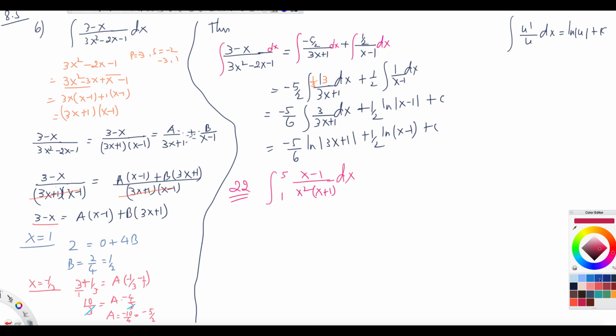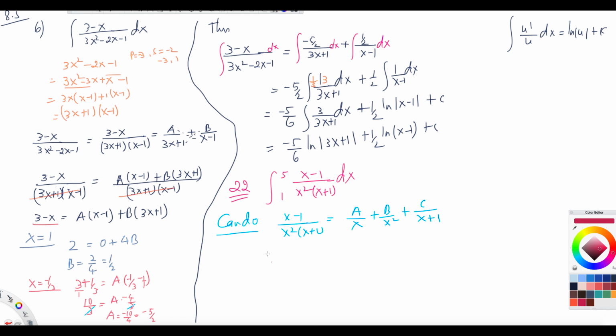I was saying that you can write (x minus 1) over x squared times (x plus 1) equals a over x plus b over x squared plus c over x plus 1. You can do this way because this is repeated, but not all the time do you get the repeated, so sometimes you get a non-repeated way.